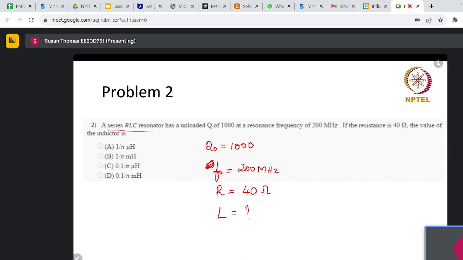The very fundamental equation of unloaded Q factor: Q naught is equal to omega naught L by R. You know what is omega naught? You know what is R? Just calculate L.